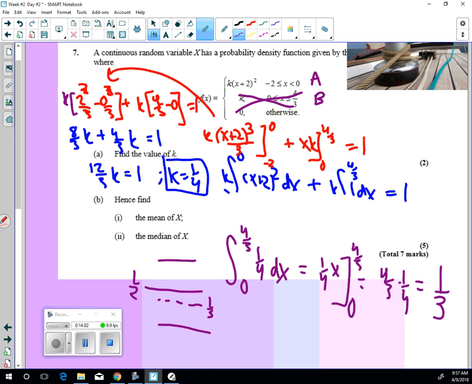The easiest thing to do here is to go from m to 1 of x plus 2 squared over 4. And that should be equal to 0.5.